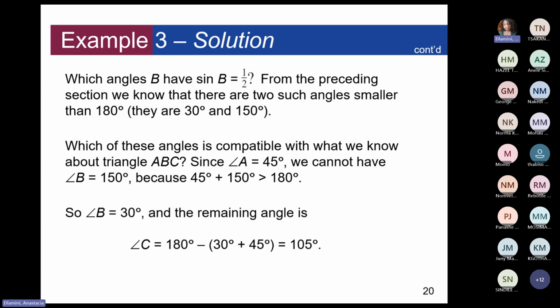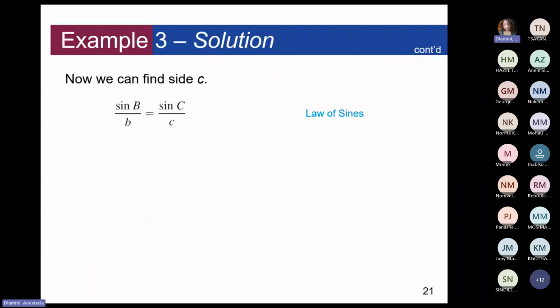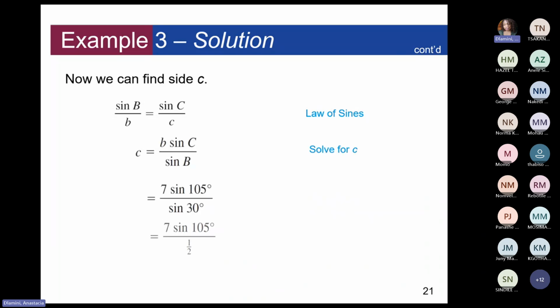Then we checked that B is actually the correct angle, and then we went and calculated C. We found that it's 105. And then we calculated small c, and we got that it's 13.5. Are we all together?